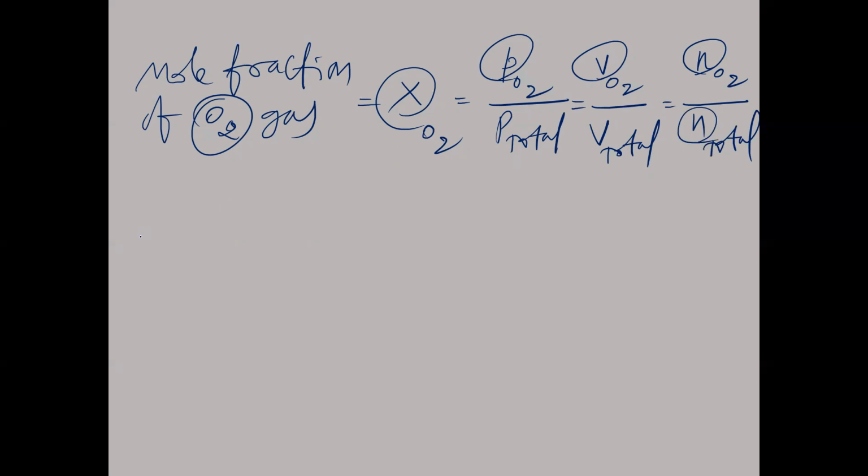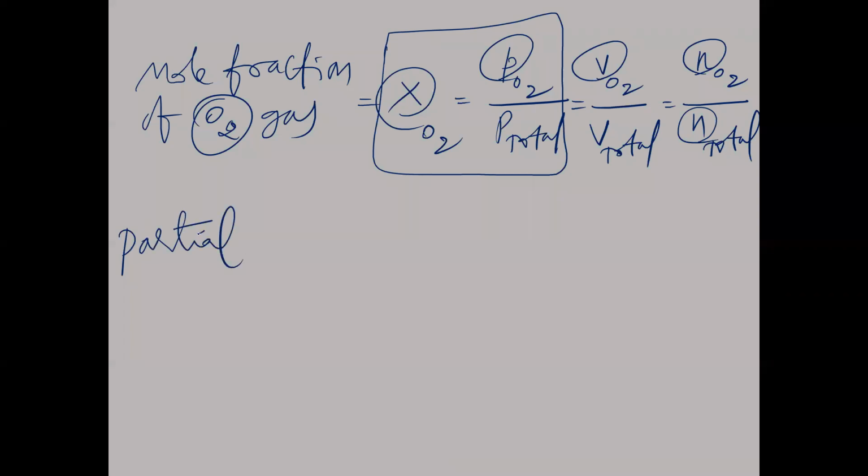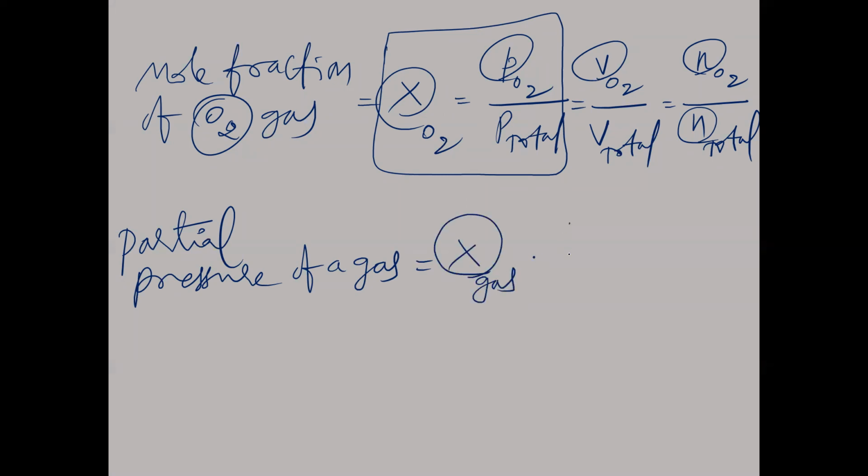Now what is the partial pressure of a gas? From this relation, partial pressure of any gas is equal to total pressure times the mole fraction of that particular gas.